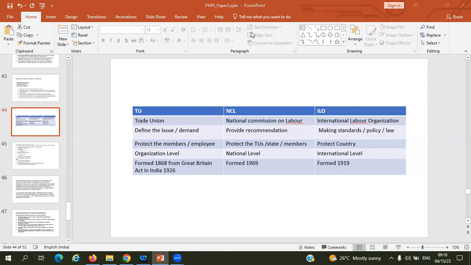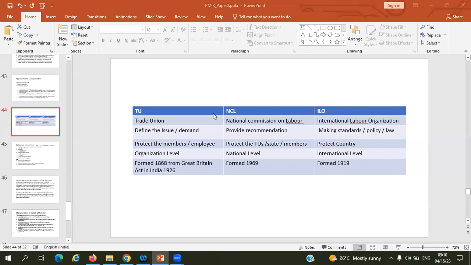And the National Commission was formed in 1969. That was created by the Government of India. And the ILO was created in 1919. That was created by United Nations, UN.